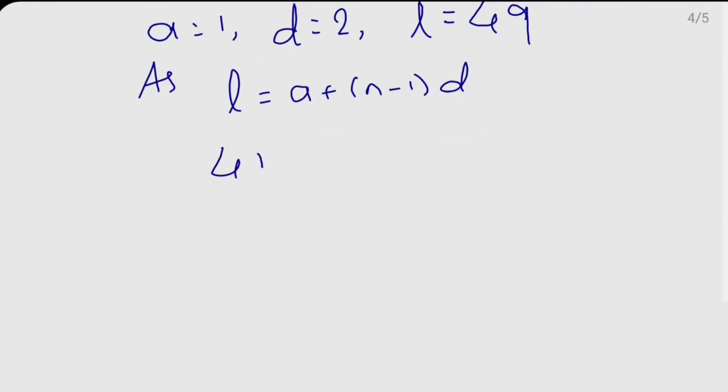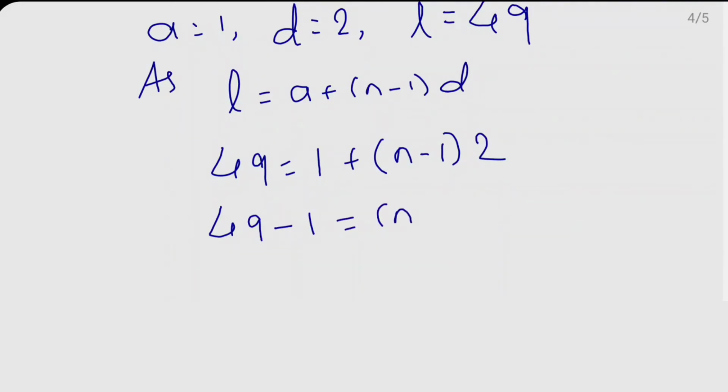L is 49 and this equal to A, the first term, that is 1, plus n minus 1 as it is. We want to find out here n only, right? So common difference is 2. So now 49, this one comes to the LHS side, it becomes minus 1, and this equal to n minus 1 into 2. So here 49 minus 1 is 48, and this equal to n minus 1 into 2.